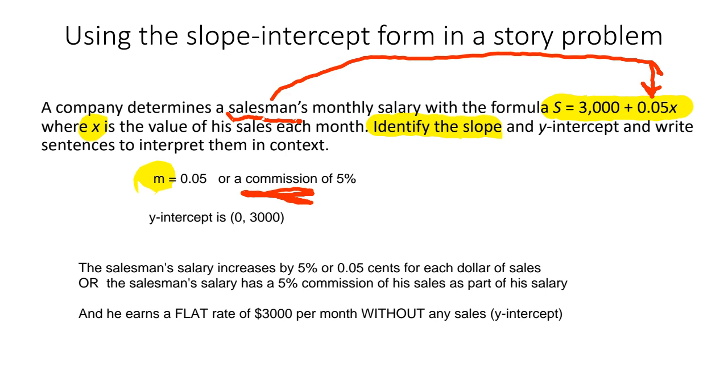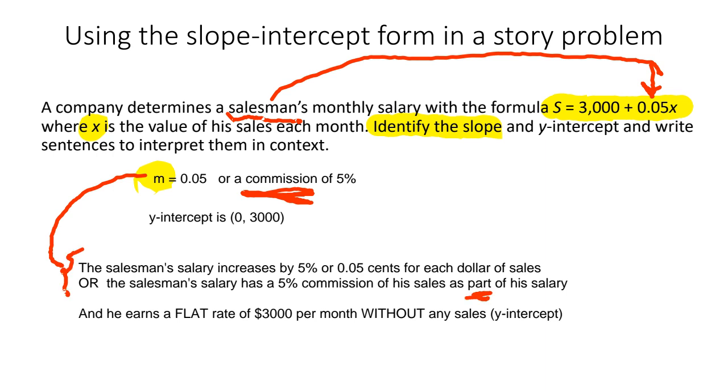Now, with this one, your commission can be one of these two sentences. He has an increase of 5% or 5 cents, because remember, money is 0.05 cents for each dollar of sales, or the salesman's salary has a 5% commission of his sales as part, because remember, we have a plus.